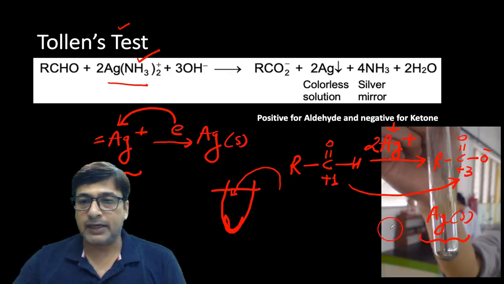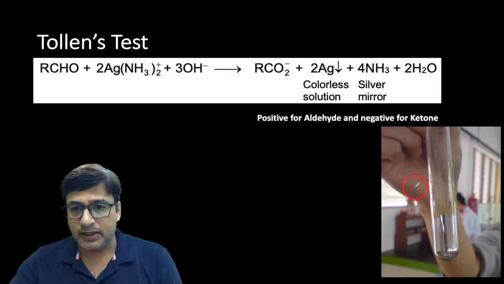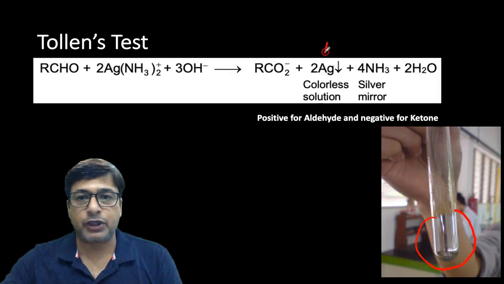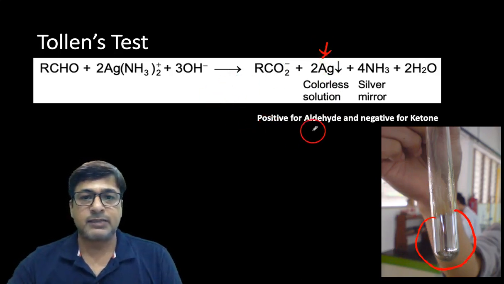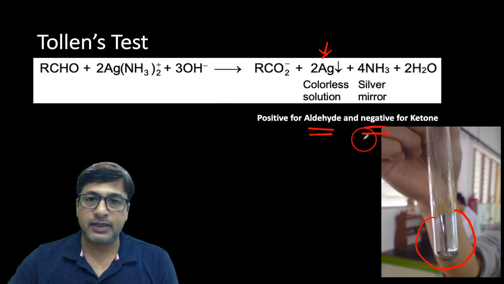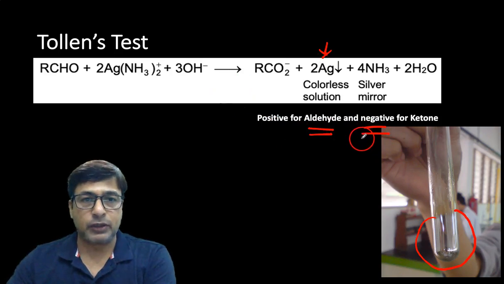So you can see that this is a silver mirror test, and the test tube actually consists of the silver which is deposited in the test tube. So this is what we call silver mirror test because of the precipitation of Ag. So this test is positive for aldehyde, negative for ketone. There are few ketones which show positive Tollens test. We will discuss after Fehling solution.